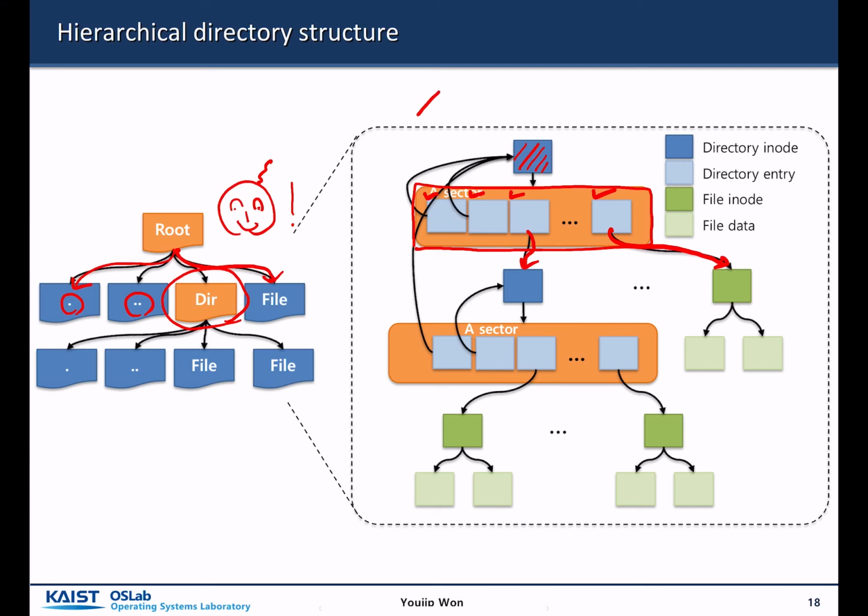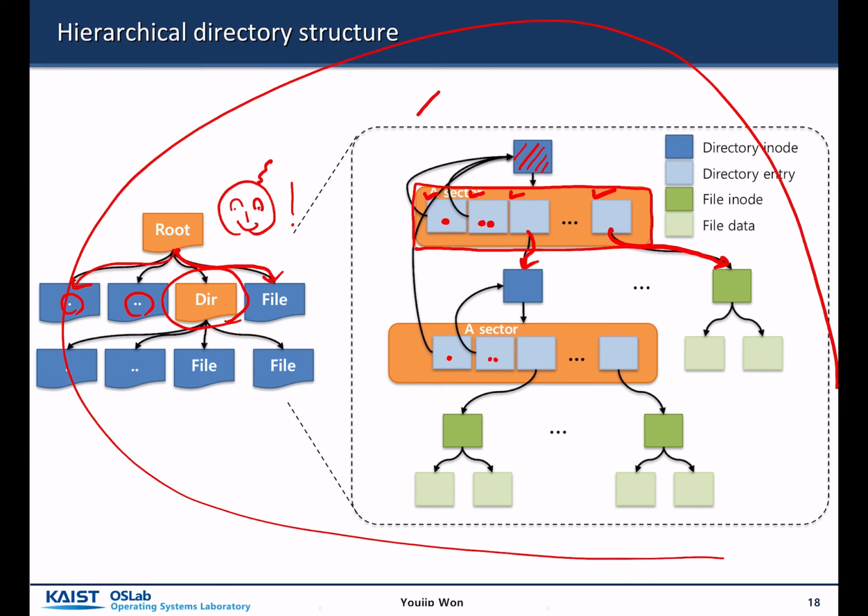In the directory entries, the first two are reserved for special purposes: the current directory and the parent directory. However, for the root directory there is no parent directory, so it points to itself. So these are the data structures you are going to implement in realizing the hierarchical directory structure.